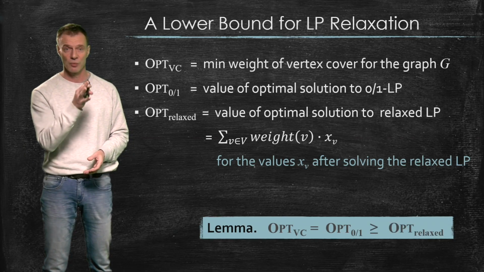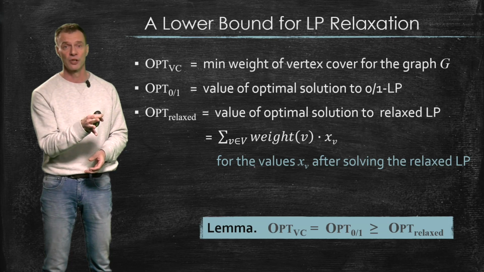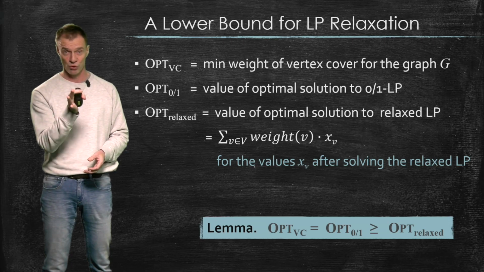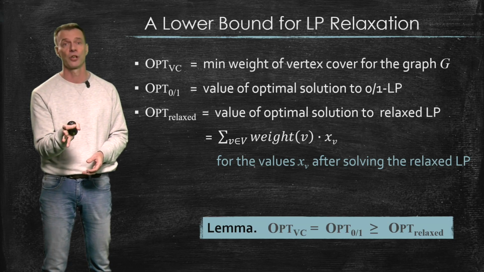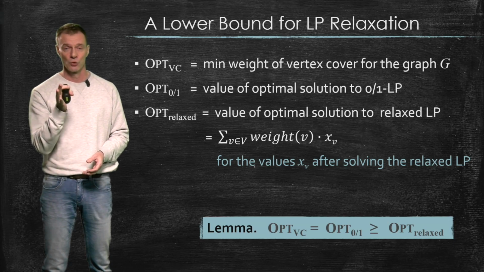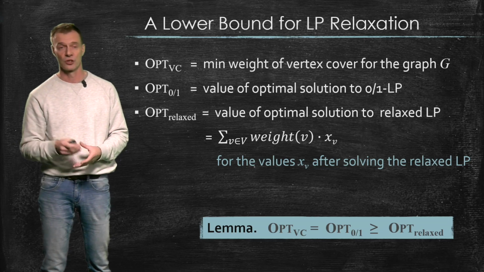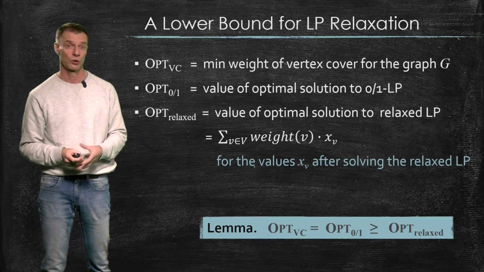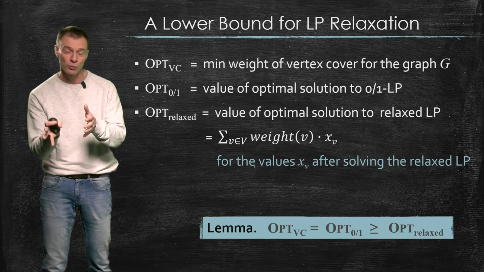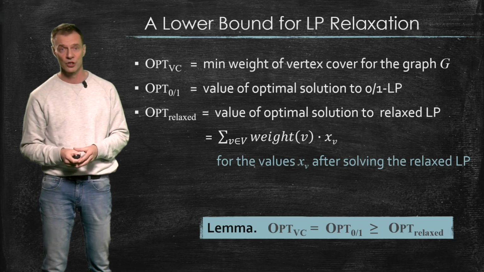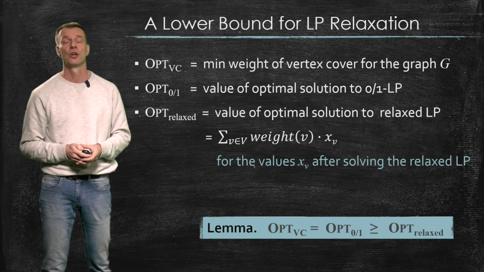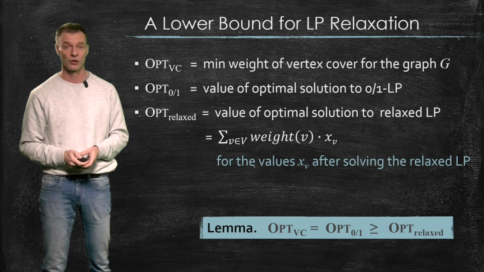So I get that my opt for vertex cover is equal to opt for the 0,1 formulation of vertex cover, which is at least opt for the relaxed version. So, conclusion: I can use opt of the relaxed version as a lower bound for opt for my weighted vertex cover problem.